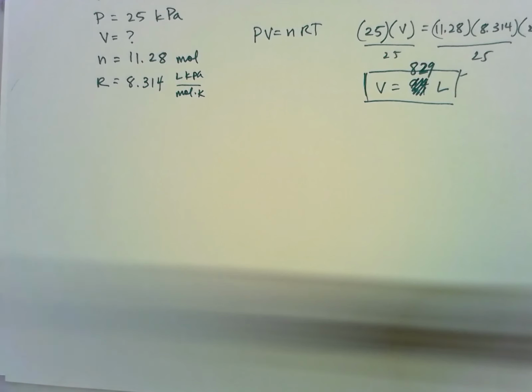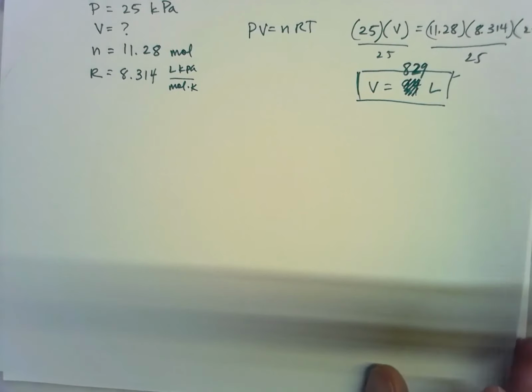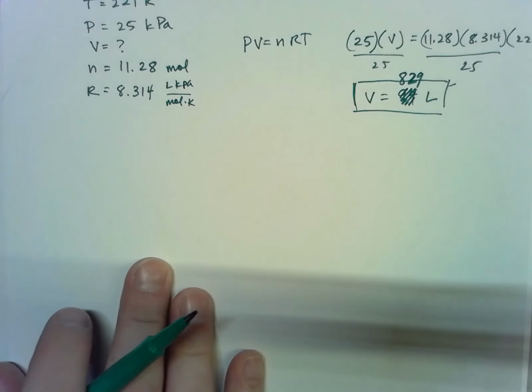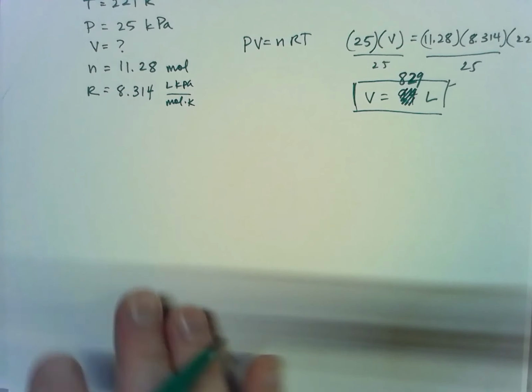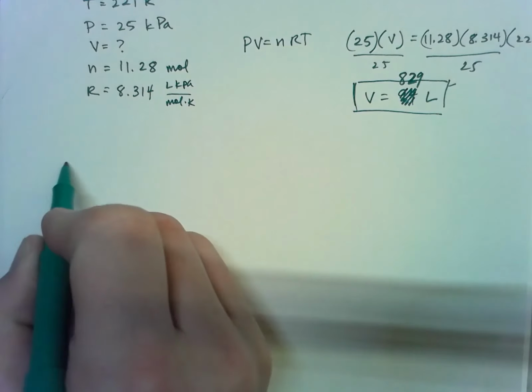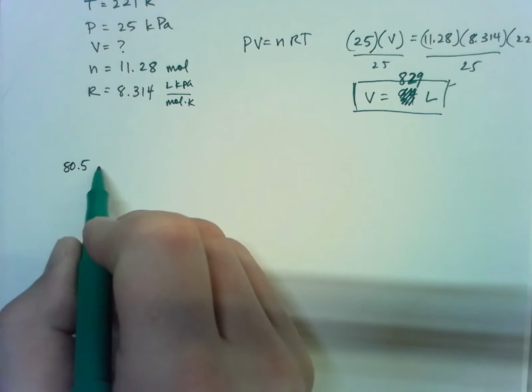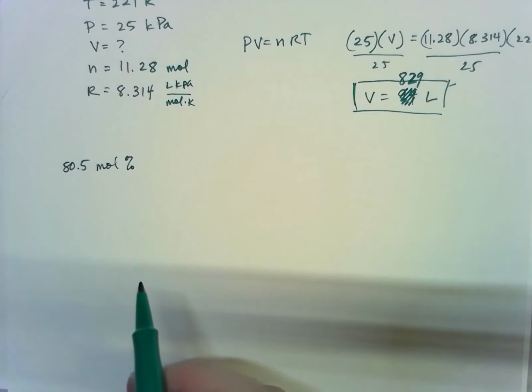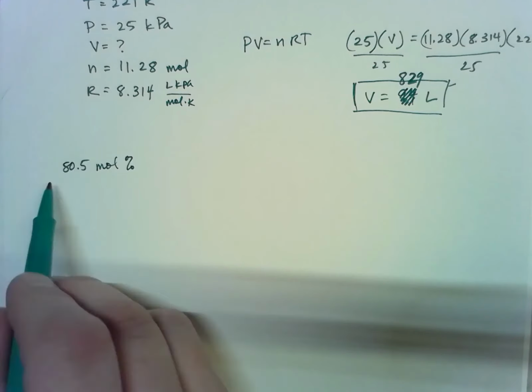Remember that partial pressures just mean that whatever mole percent they are of the atmosphere, they're just that percent of the total atmosphere pressure. Components of the synthetic atmosphere are 80.5 mole percent. So why is it important that we call this mole percent? Because it doesn't matter about their mass percent.